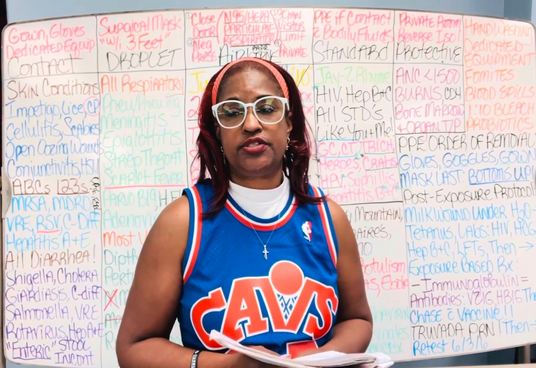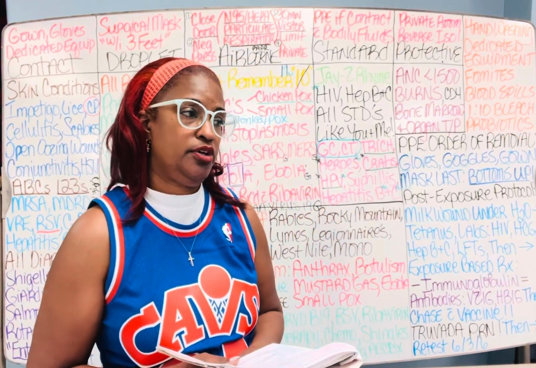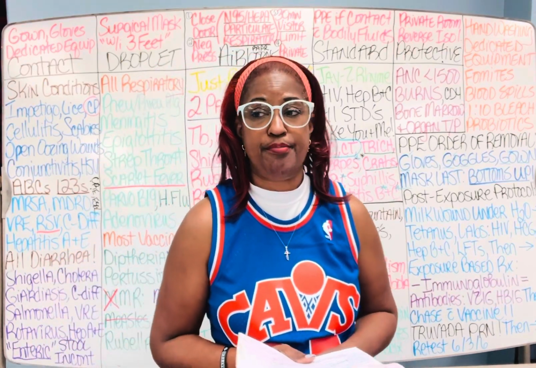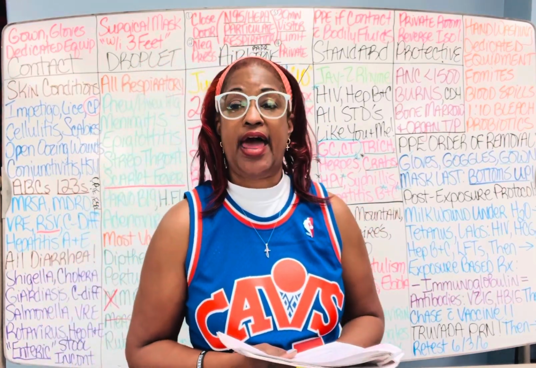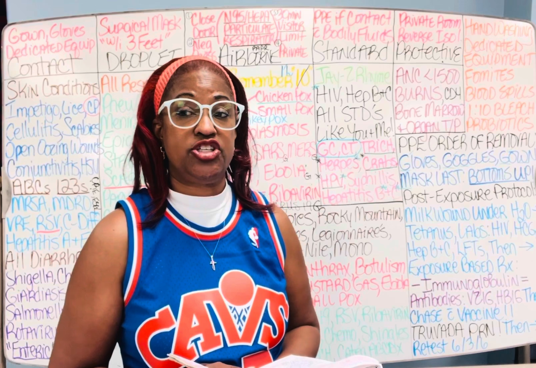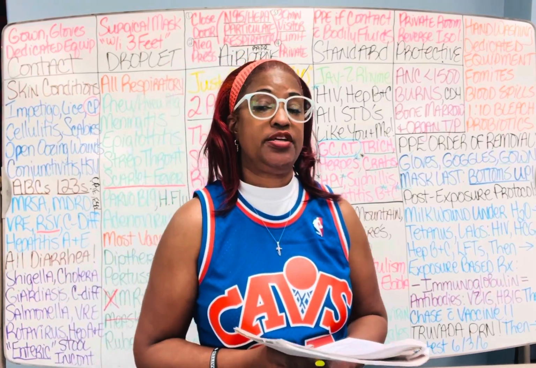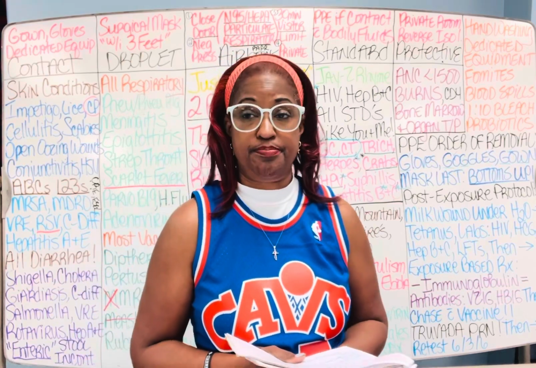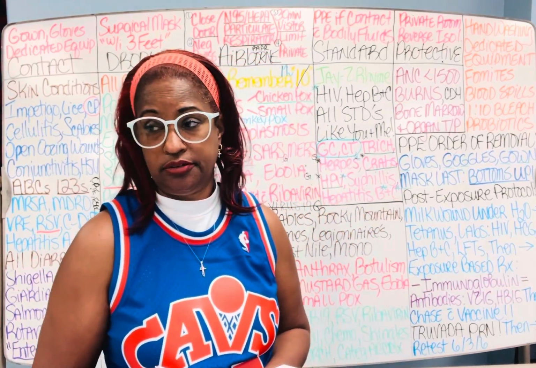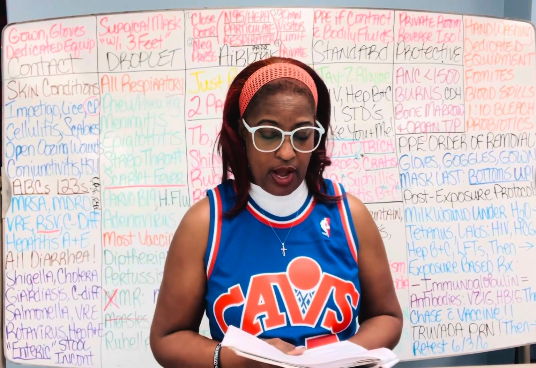Remember to use an LWD measuring format. What is the L? Length. Length means head to toe. What is the W? Width. And that means hip to hip. What is the D?